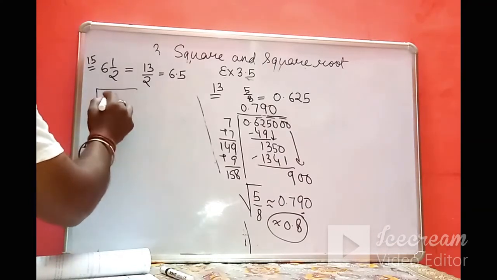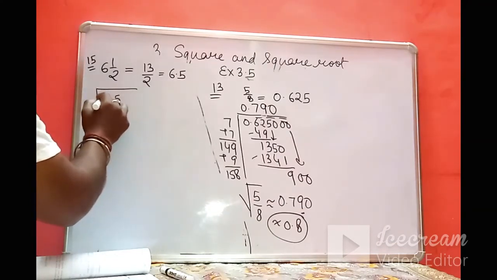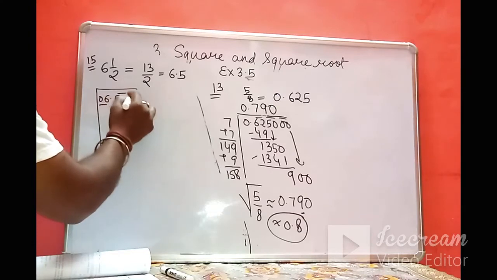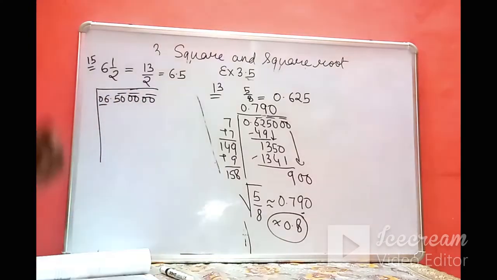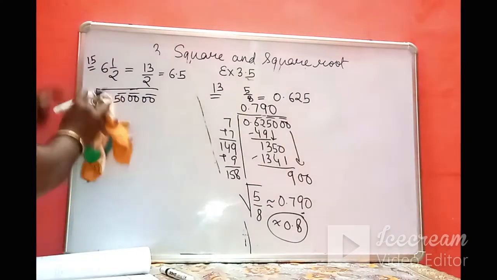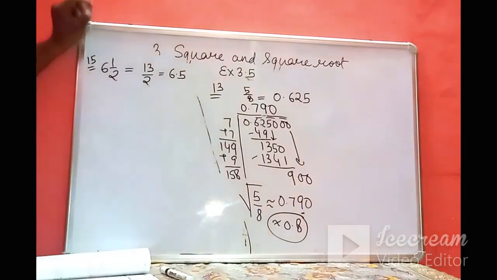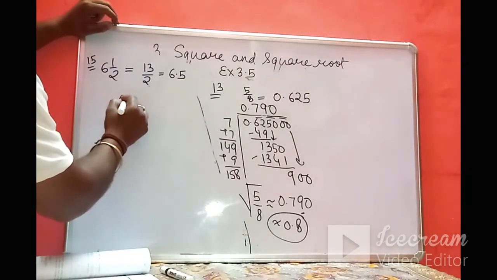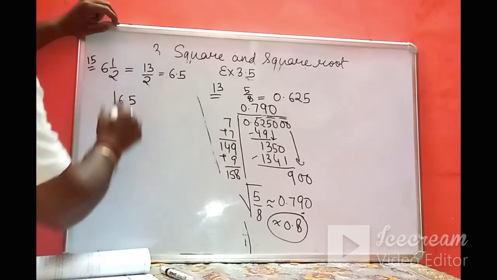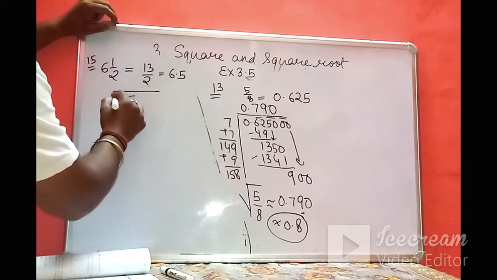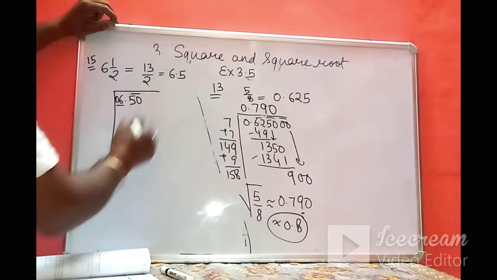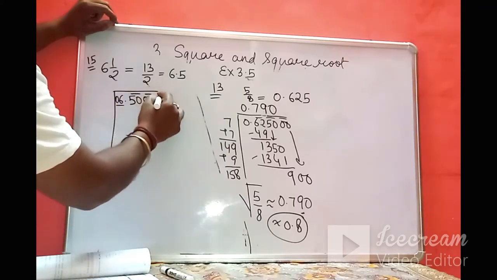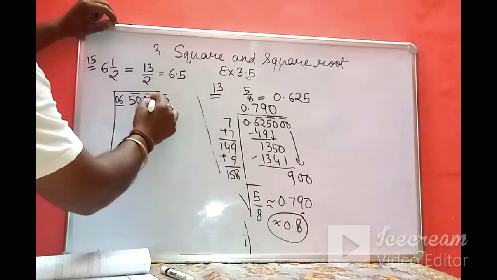Then this is 6.5. So one pair, then 50. Then I will put 2 more zeros. So these are the 2 pairs. Okay, so this is 6.5. So I will put a 0 here. So I will get a pair, then one pair, then 2 pairs, then 3 pairs.